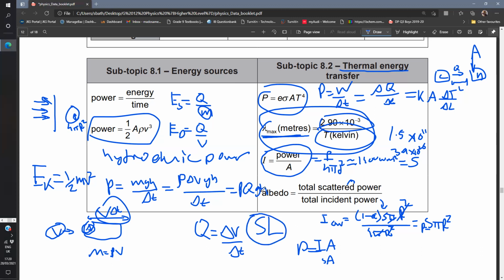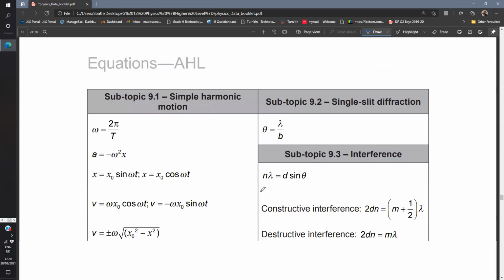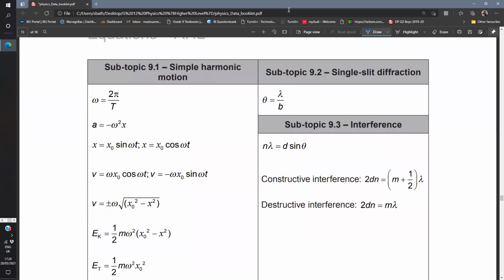And now we're going to move on to the HL content. We have 2 chapters left. So for the first equation, we've actually encountered it before, I think in chapter 6.